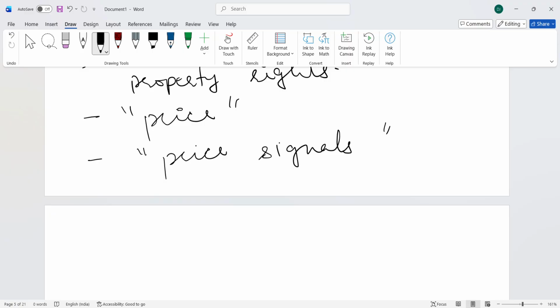So it's all the demand and supply forces, and when they interact, there's a price. That's the basic thing that actually helps in resolving all the three economic problems in a market economy.